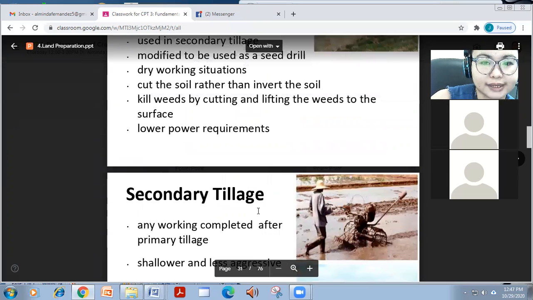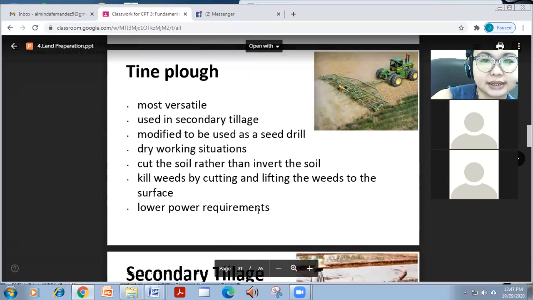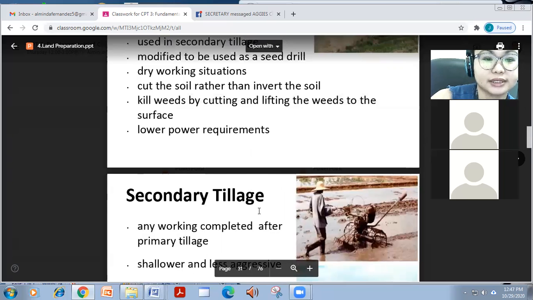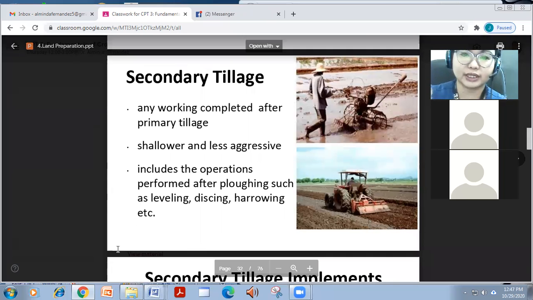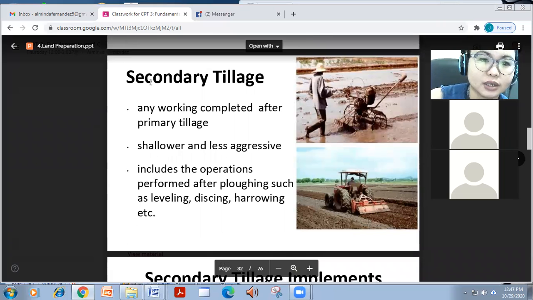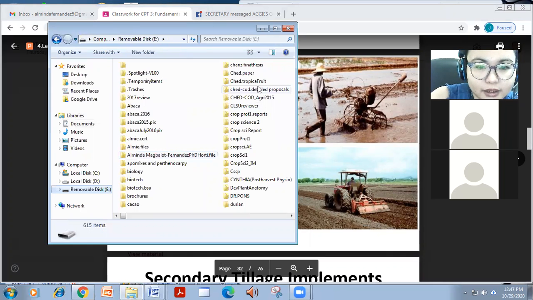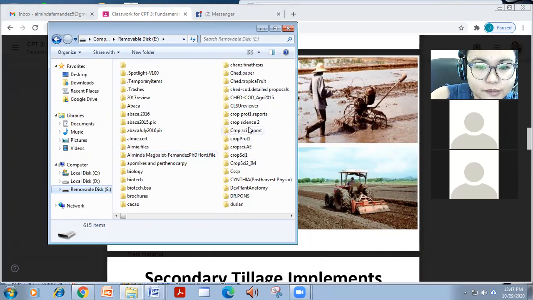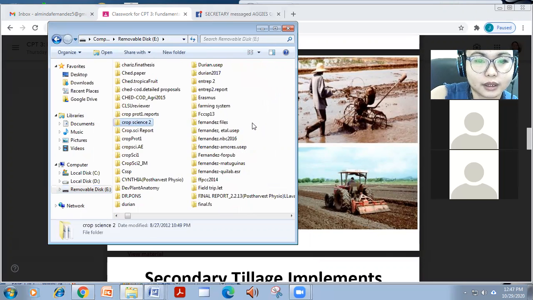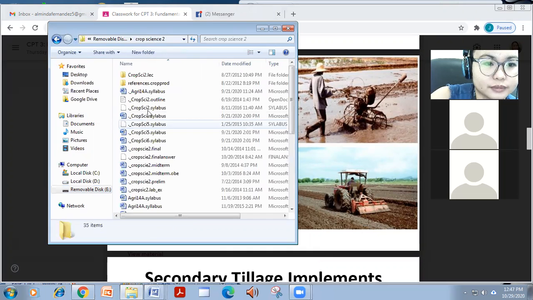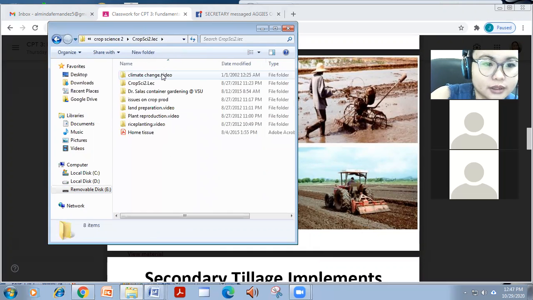So what is secondary tillage? It is what comes after the primary tillage operations. So we'll be back on that. I will show you a video on land preparation.